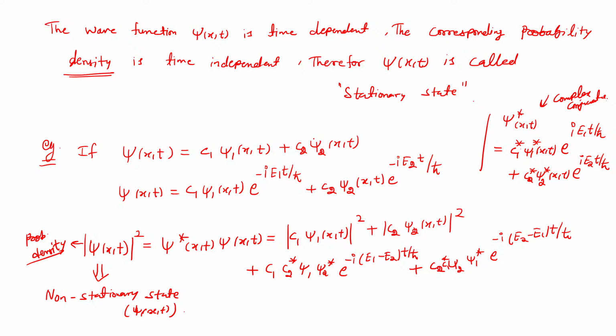Okay, so next, a very important discussion. This is a basic discussion which will help you in solving the problems in between. Conservation of probability. One important factor is normalization.